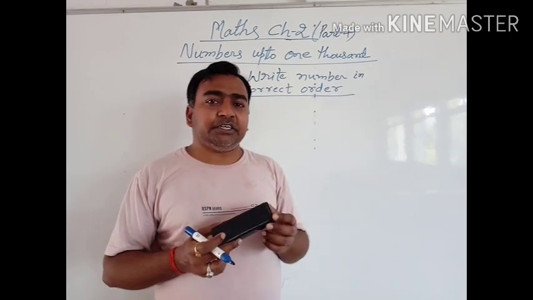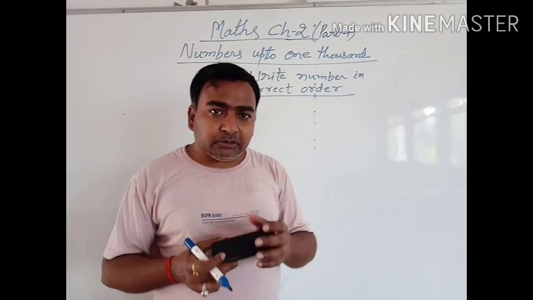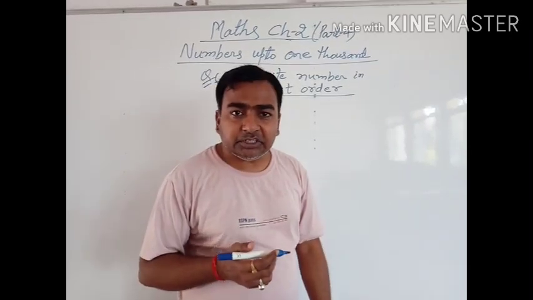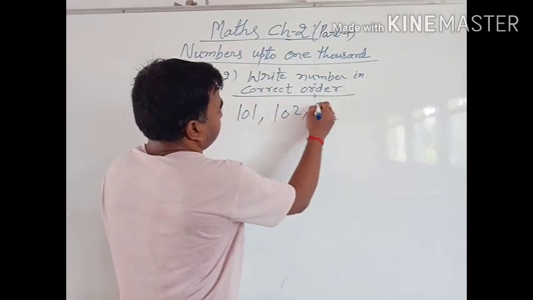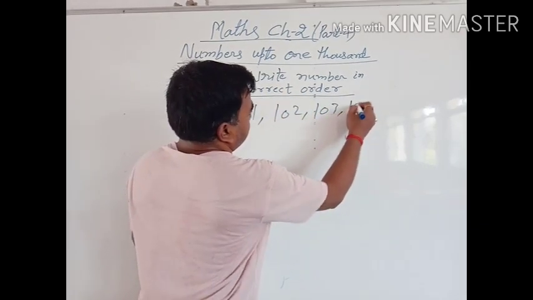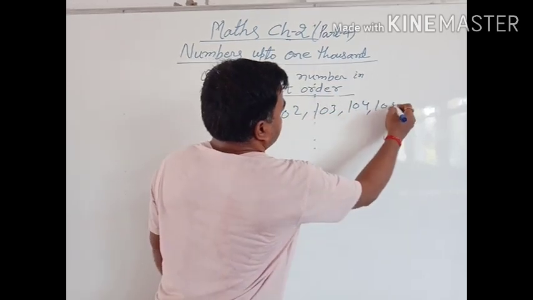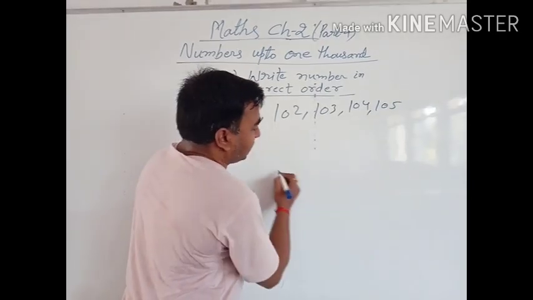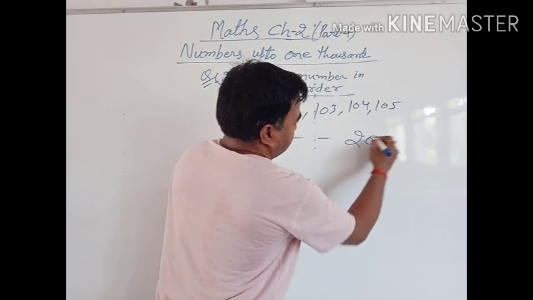After 100, can we write counting also? Yes, we can. Which number comes after 100? 101, 102, 103, 104, 105, like this. This is counting after 100, and it ends with 200.